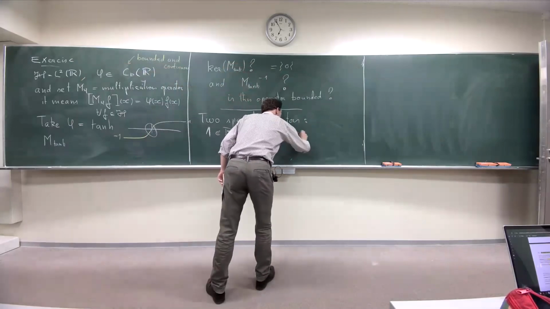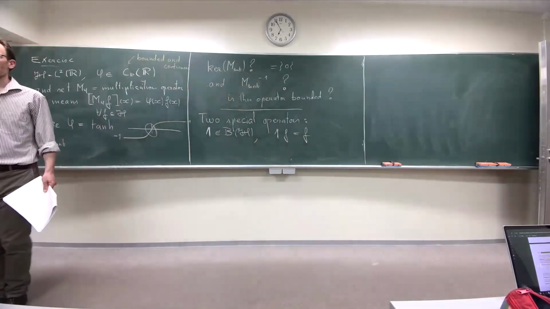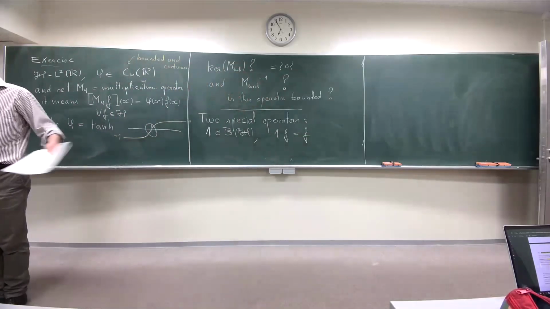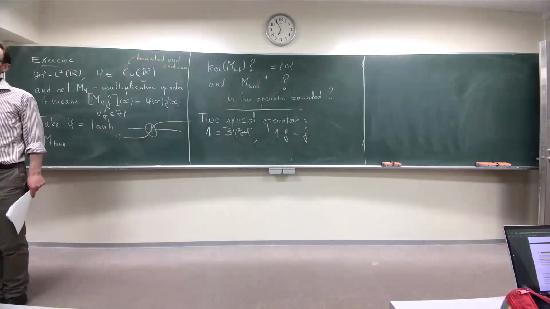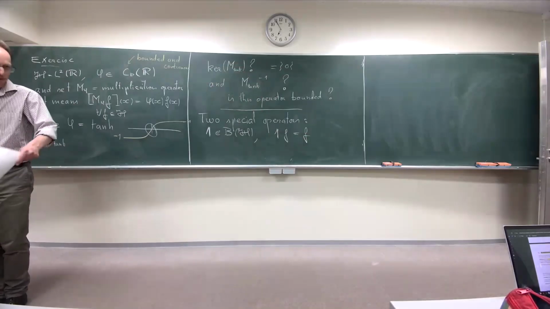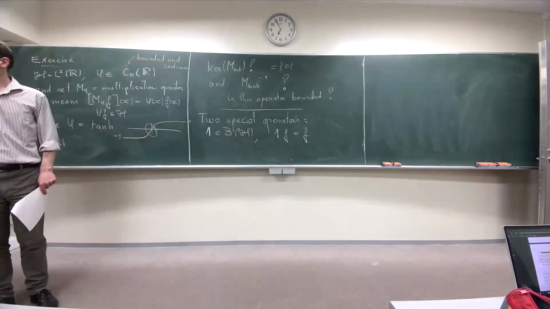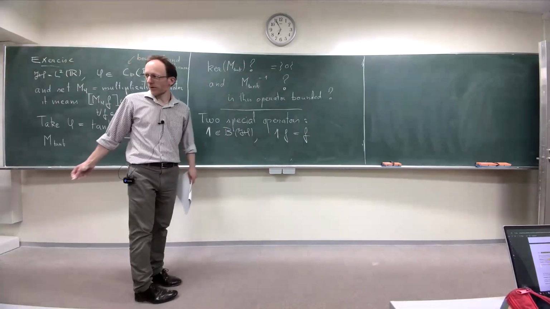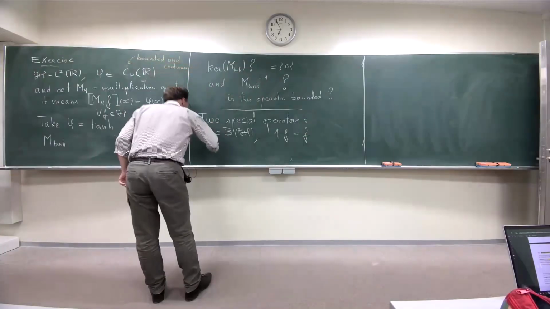One applied on F is F. You do nothing. Just one applied to F is F itself. You can check it's a bounded operator. It has no kernel. The kernel is 0 because of the definition. Okay, it's a trivial kernel.